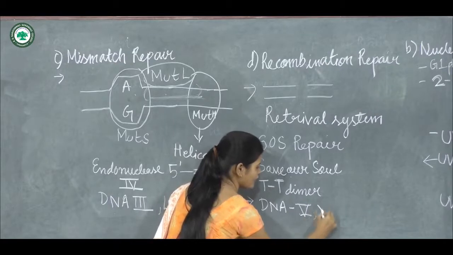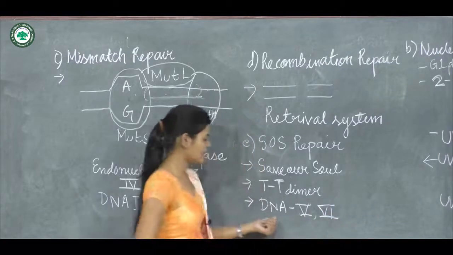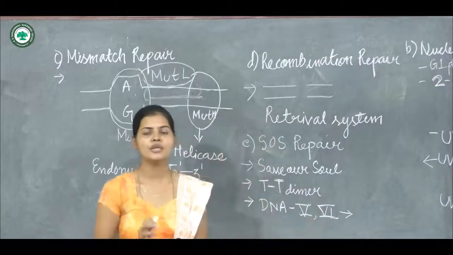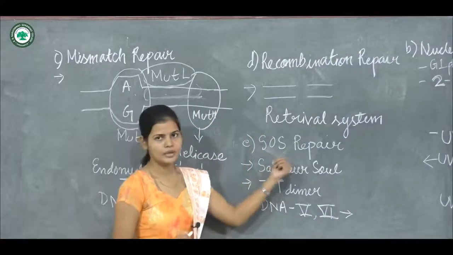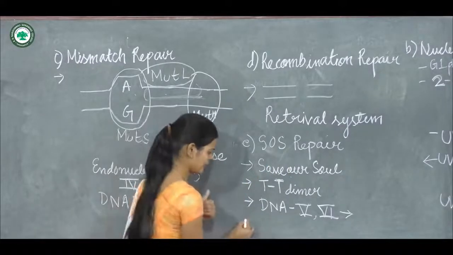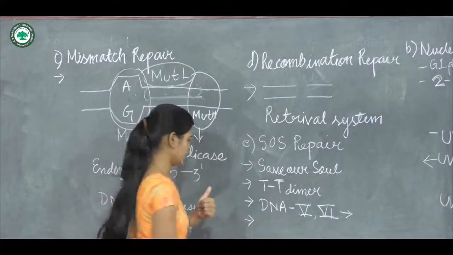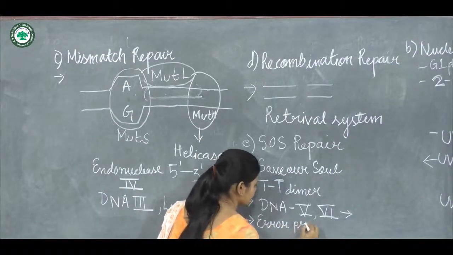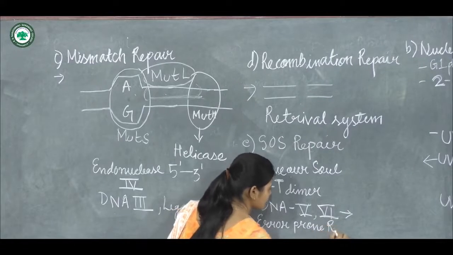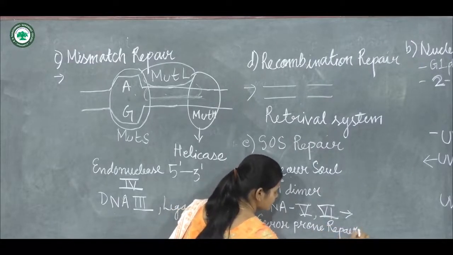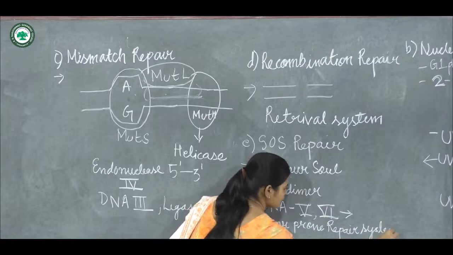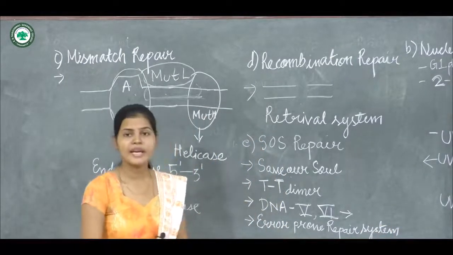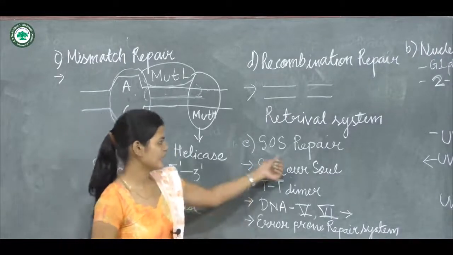Suppose DNA polymerase V or VI. Now these DNA polymerases will incorporate any nucleotide into the DNA strand. So it is also called the error prone repair system, because any nucleotide is incorporated into the DNA strand.